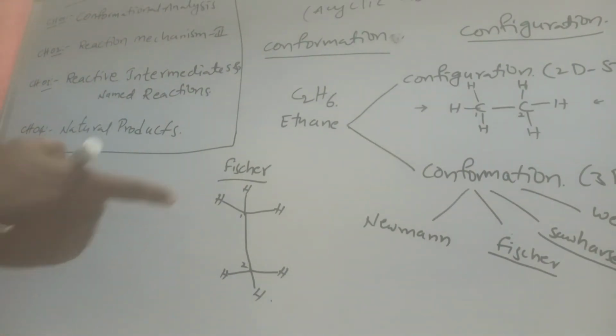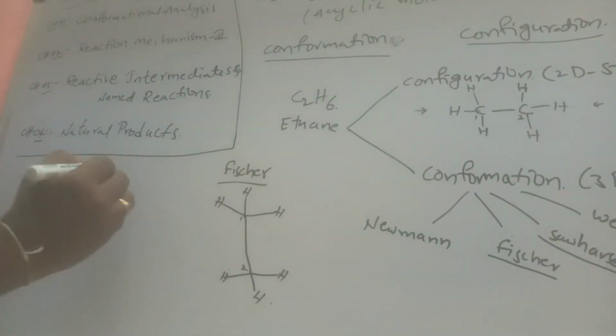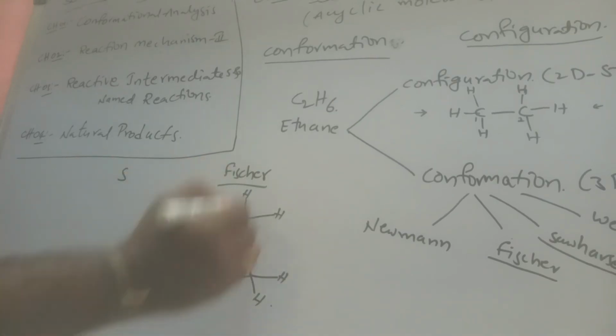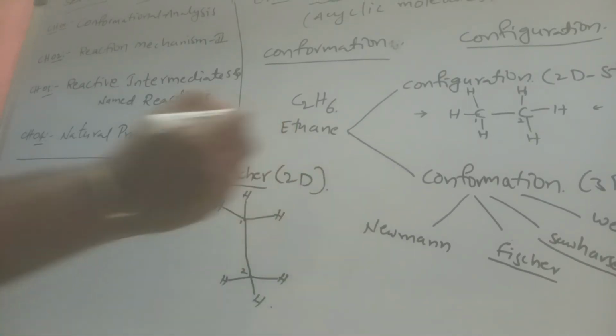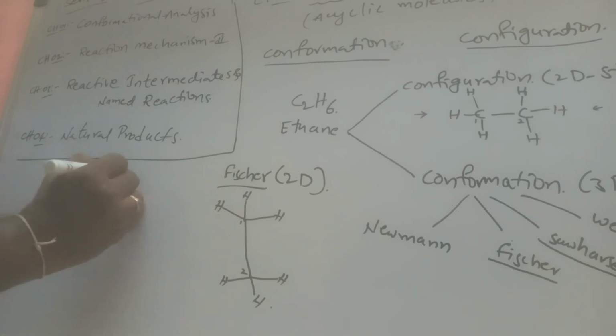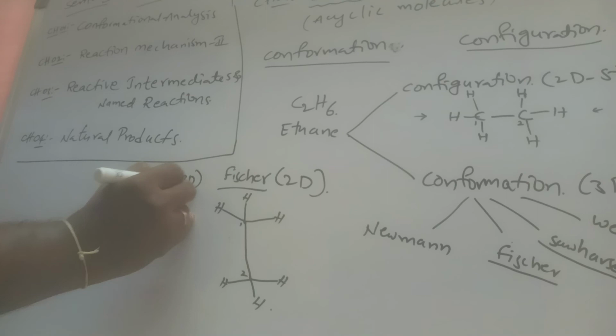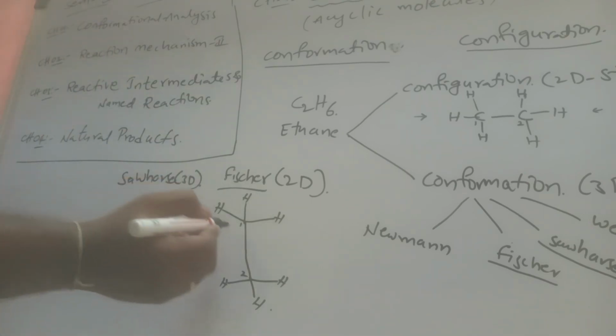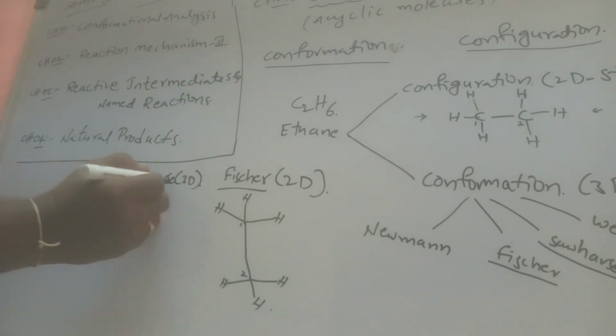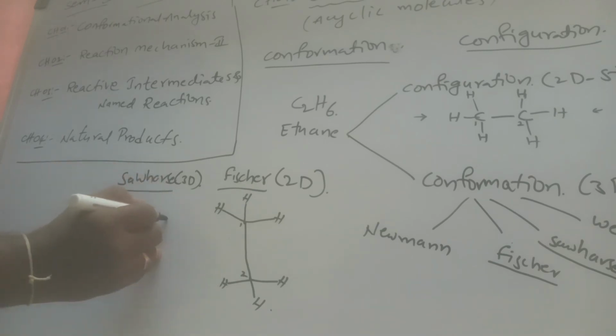Next we go for the Sawhorse. Actually, the Fischer projection formula is 2D. Now we go for the Sawhorse, and it is just like 3D. This first carbon and second carbon are also written here in the Sawhorse as a cross line.